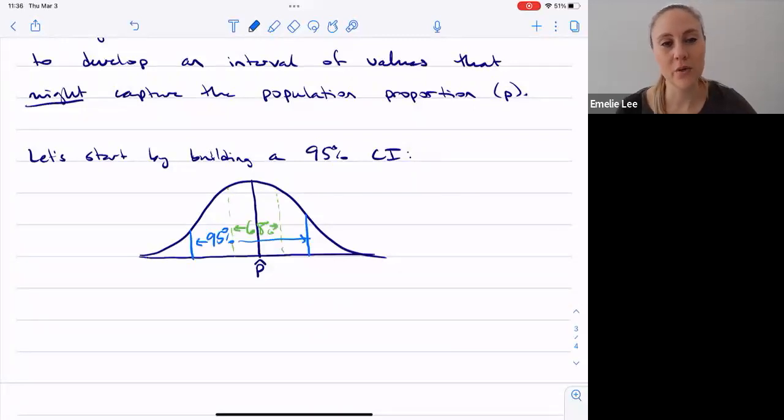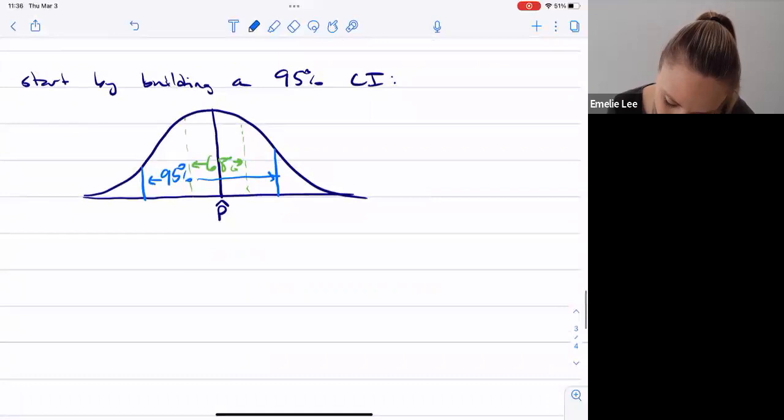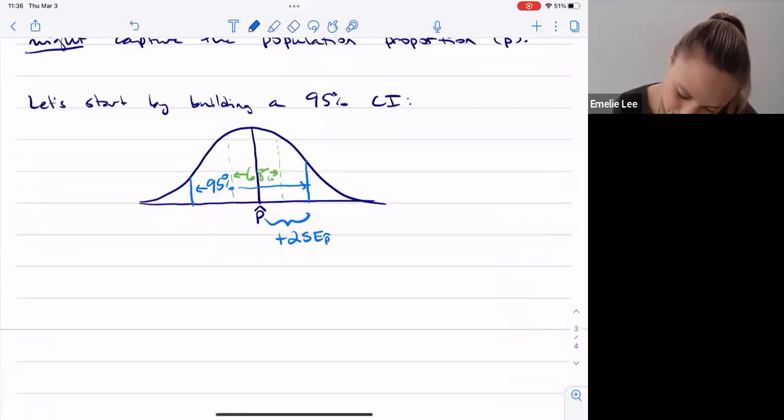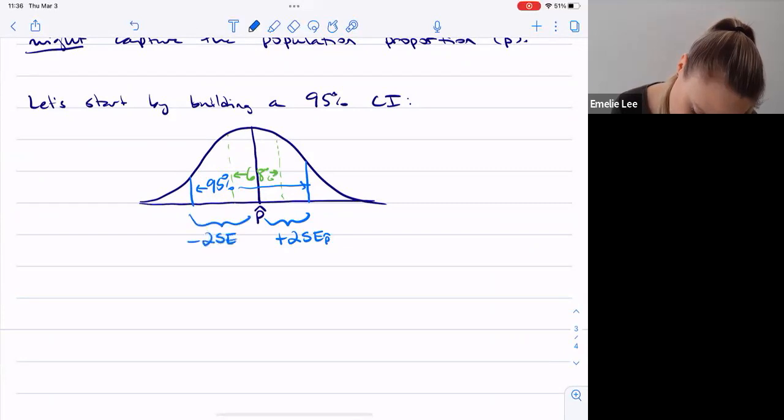Which means that I have to go the equivalent of 2 standard deviations out. But remember, for p hat, the standard deviations are now called standard errors, and we have that formula for finding the standard errors. So this is really going plus 2 standard errors of p hat, and this is really going minus 2 standard errors of p hat.